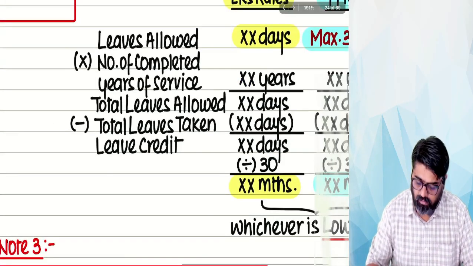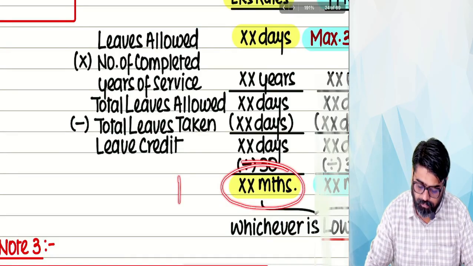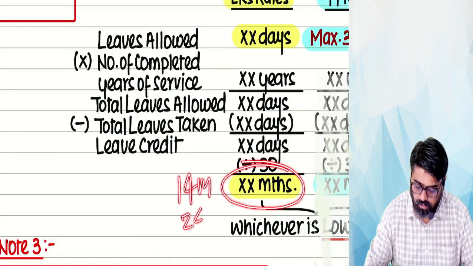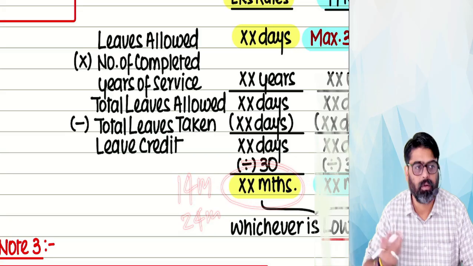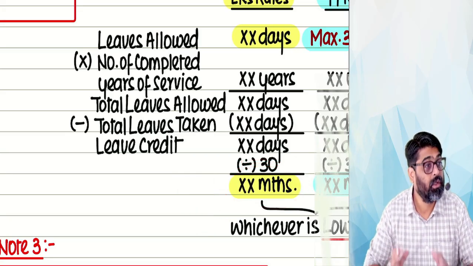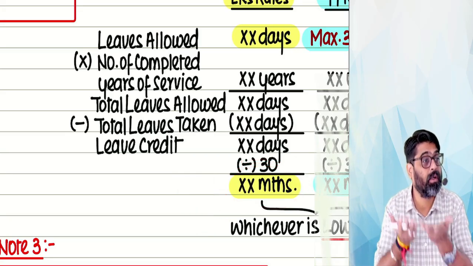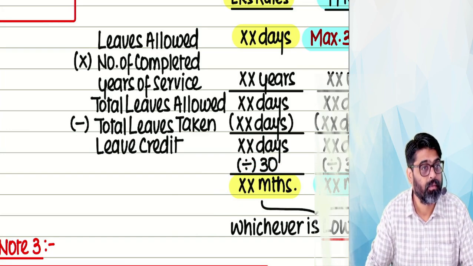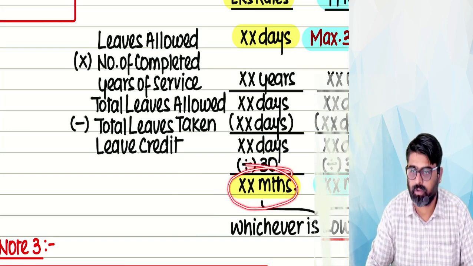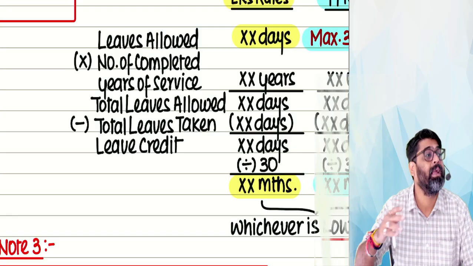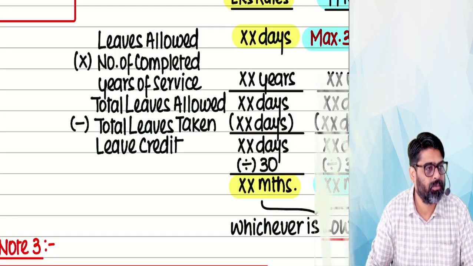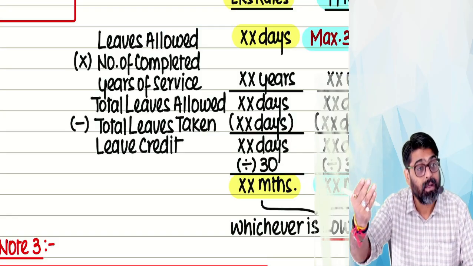Just imagine if the leave encashment is given for 14 months, 24 months, 30 months. These many months of leave encashment is given to you, meaning the leave credit which you have calculated as at the end of the service period, at the time of your retirement.